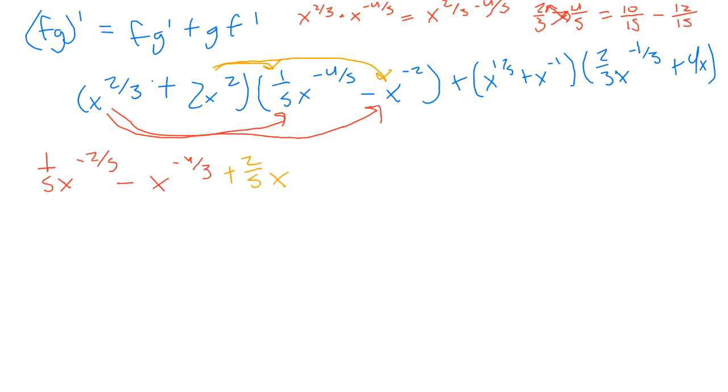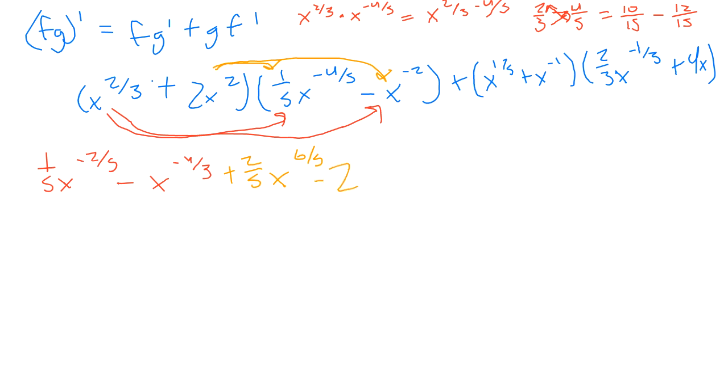So now we have 2 minus 4/5, which is actually going to give us 6/5. And then we have 2x squared times negative x to the negative 2. Well, that 2 and negative 2 in the exponents are just going to cancel out, which is just going to leave us with a minus 2.